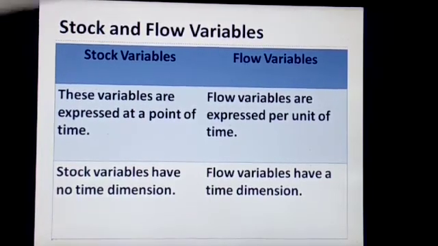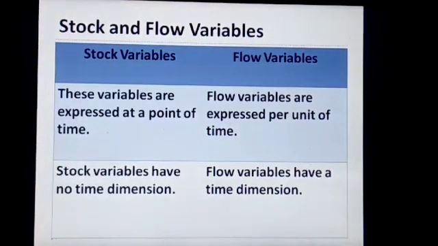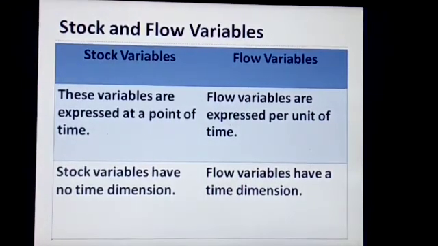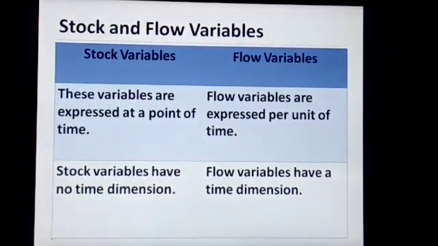And since stock is measured at a point of time, it does not have any time dimension. Wealth does not have any time dimension because it is expressed at a point of time. And income has a time dimension because I am saying my income is for every month. So I am specifying some time.